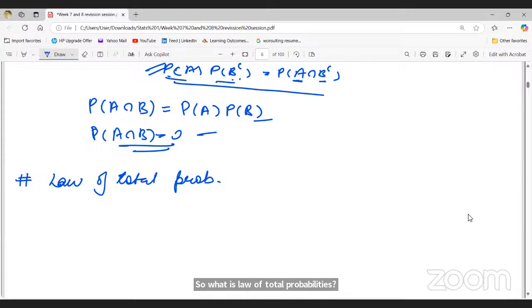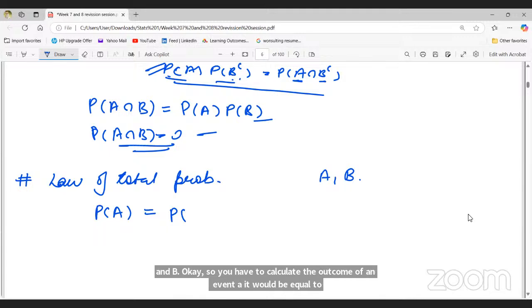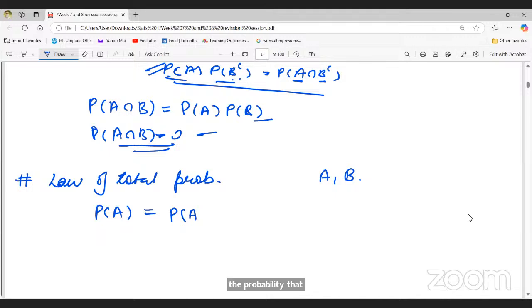If I have to calculate the probability of some event A, and there are two events A and B, then the probability of A is equal to probability of A intersection B plus probability of A intersection B complement.